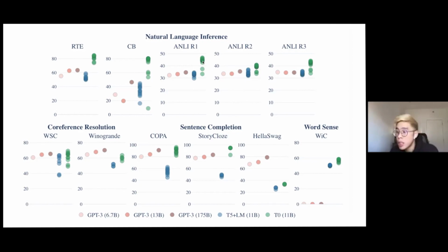This is very encouraging because the biggest T0 model is only 11 billion parameters, so it's 16 times smaller than the biggest GPT-3 we compare to. It means that this very explicit multitask tuning is helpful.